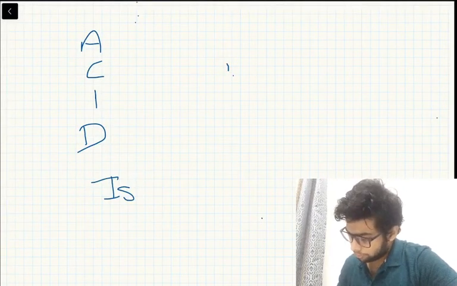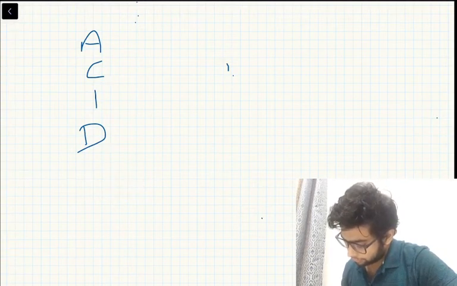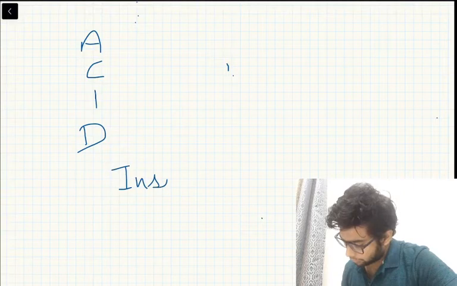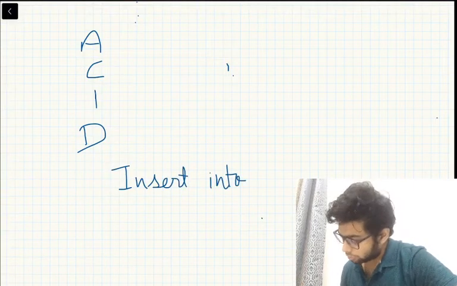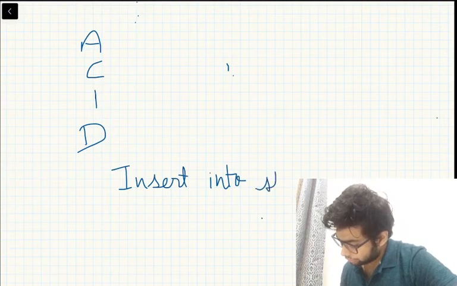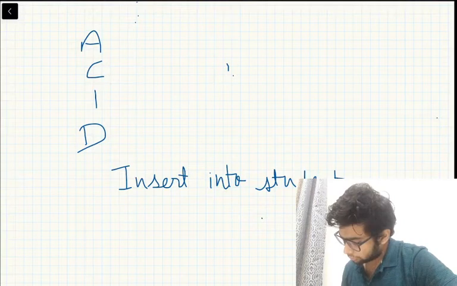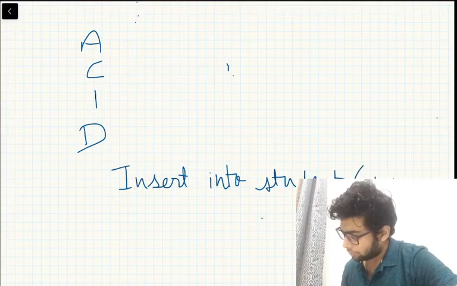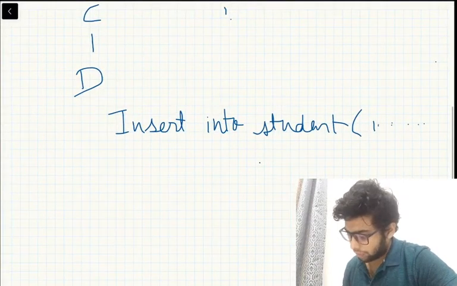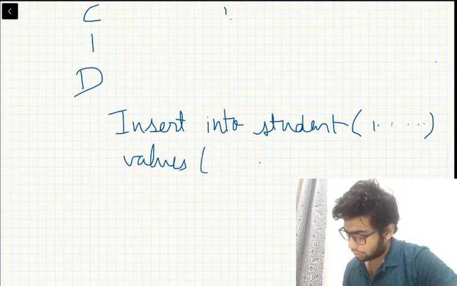So, insert into table, the name of our table was students, and here goes our column names and values. Let's say any value, 3, name is ABC, and whatever these are.